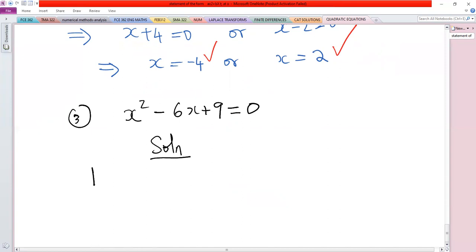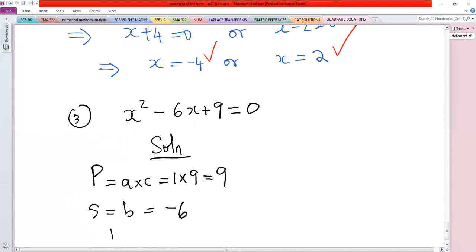So first define product, which is given by a times c. A is 1, the coefficient of x squared, and then c is 9. So we get 9. Sum is the coefficient of x, which is b, and this is minus 6. So we need to get the two numbers which will give us minus 6 as sum, product 9.